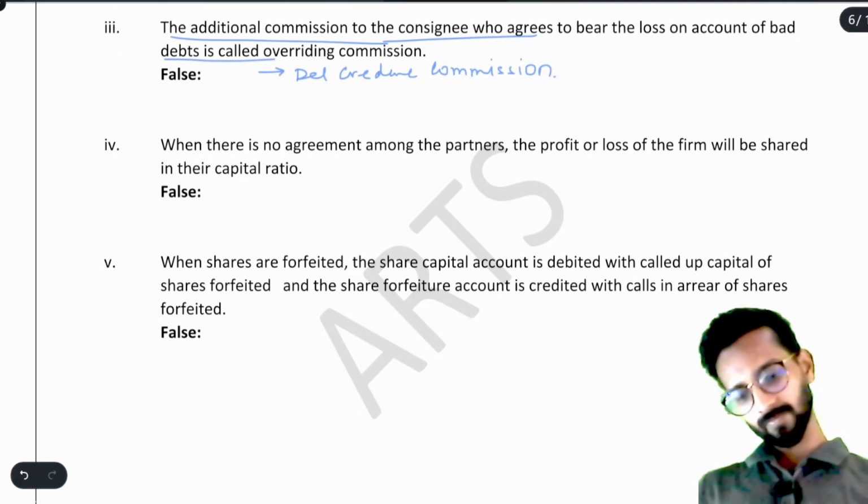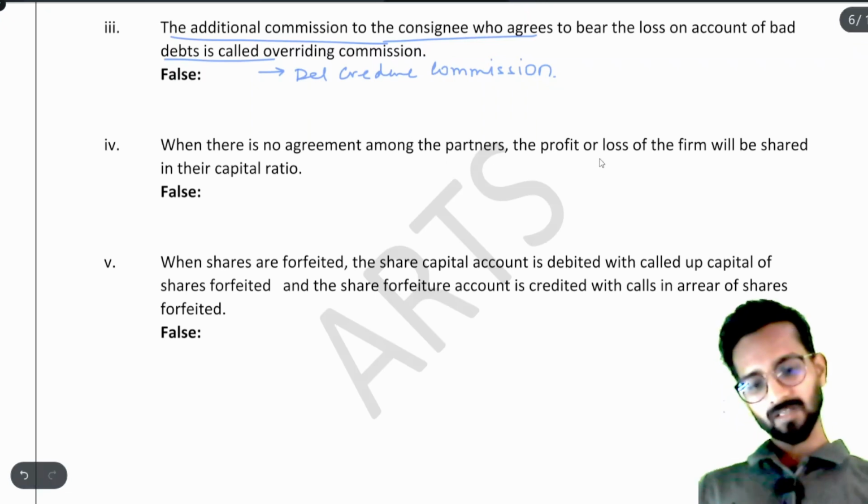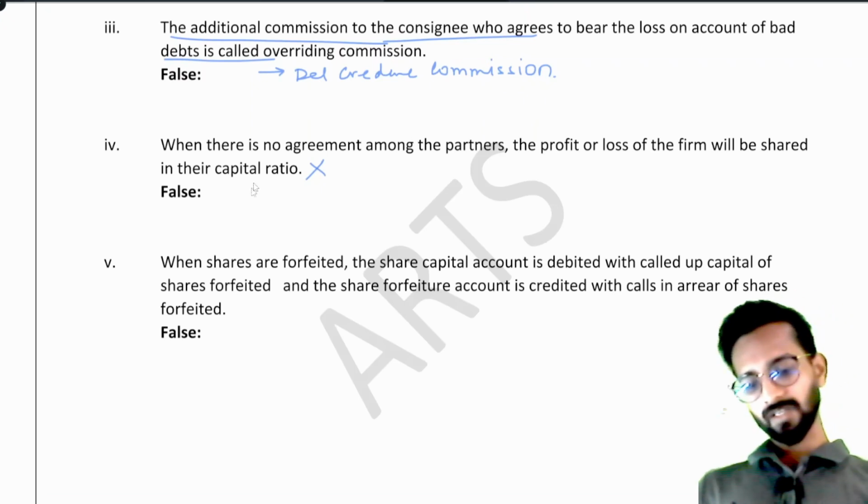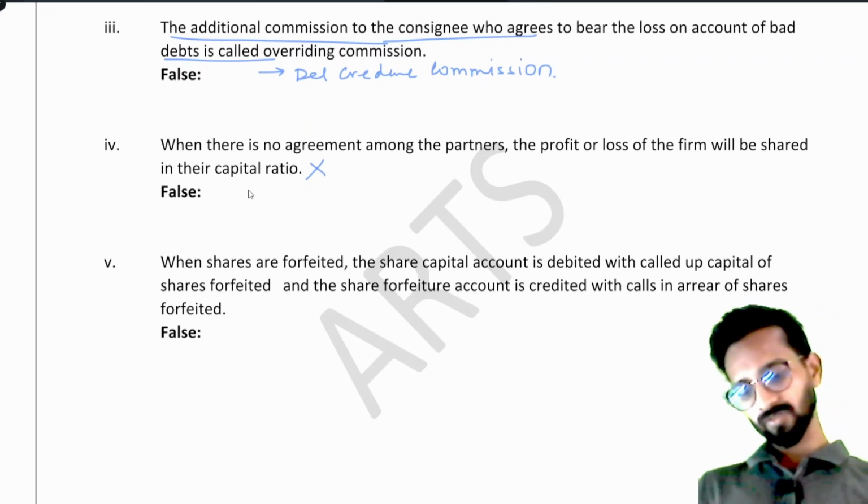When there is no agreement among the partners, the profit or loss of the firm will be shared in the capital ratio. Obviously not. See, the questions are now repeating, okay. It is not the capital ratio.